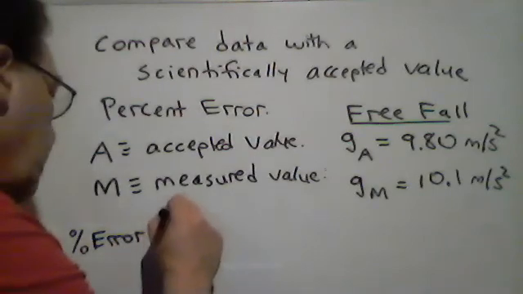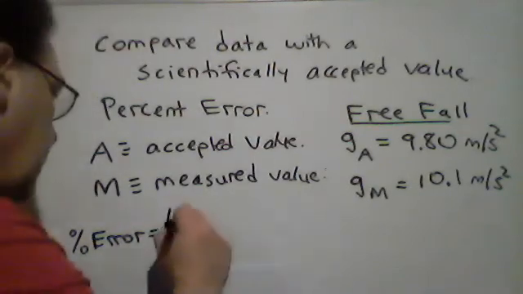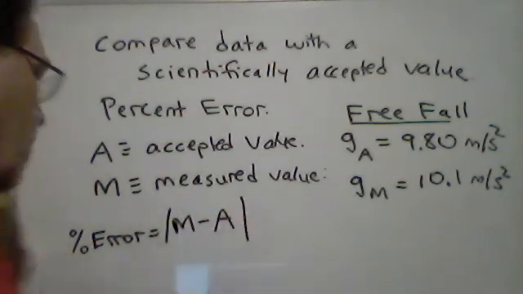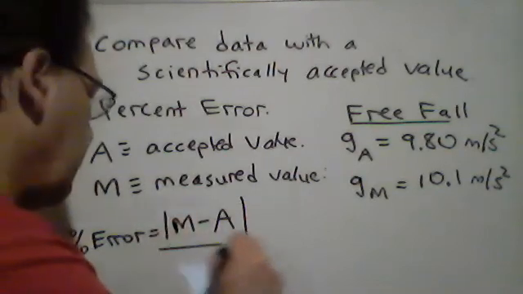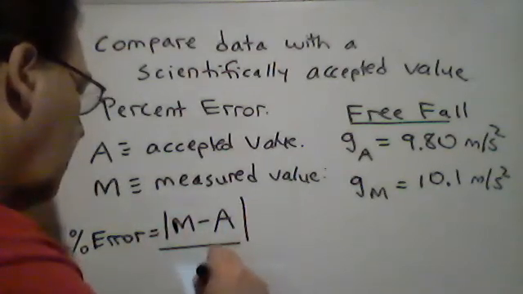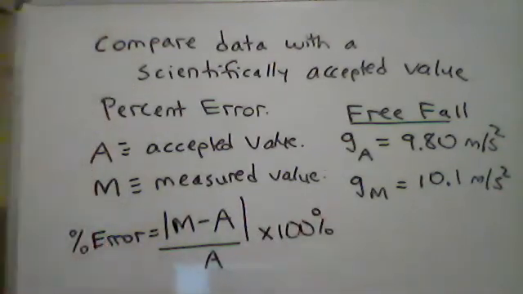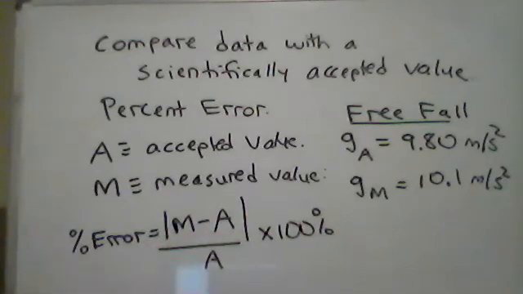I take the absolute value of the measured minus the accepted, and I divide it by the scientifically accepted, and I multiply by 100%. That's what I do. I take the difference of what I measured minus the scientific accepted, divided by scientific accepted, and multiply all that by 100% to get a percentage.